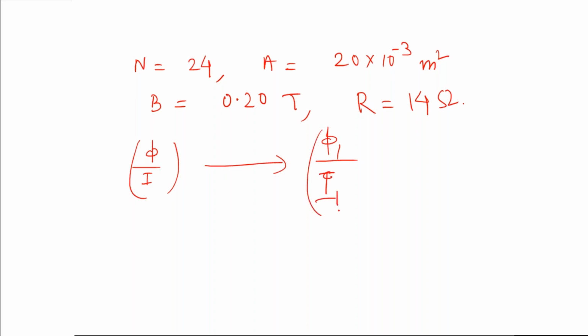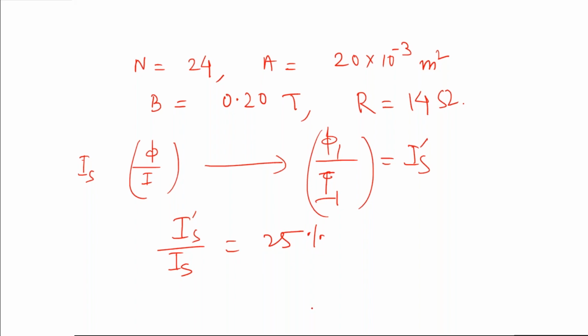If you take the current sensitivity as IS, and this as the new current sensitivity IS prime, you have to increase this. That means IS prime by IS has to be 20%, okay, 25%. So IS prime will be 25% of IS.